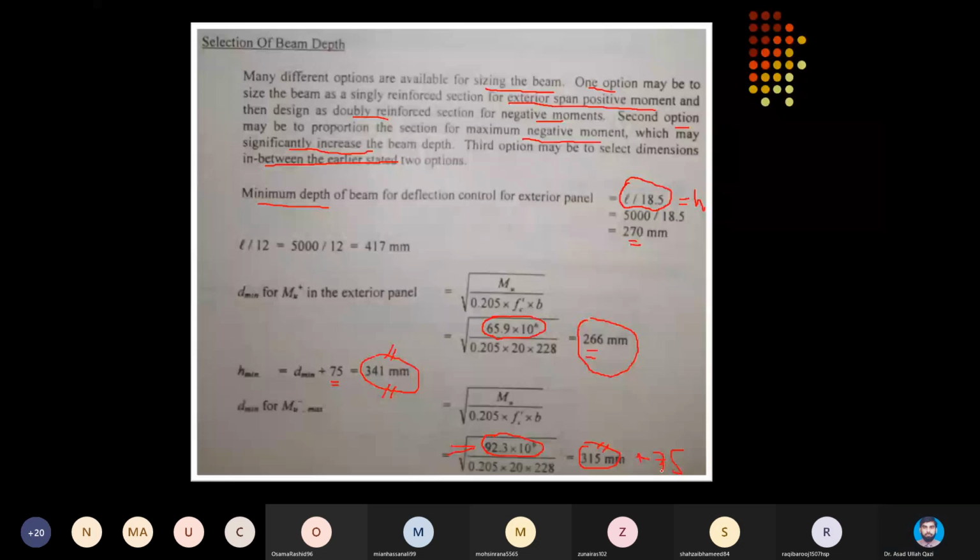So here what the author has proposed is that if you will be working on practical selection, keeping in view the construction technique at site, then 4 into 75 plus 125, so it will be more practical to fix the H at 425. It means the drop below the slab is 300 millimeter.